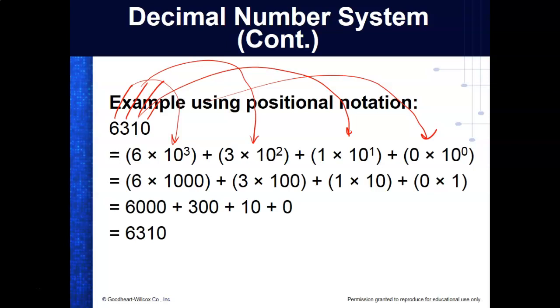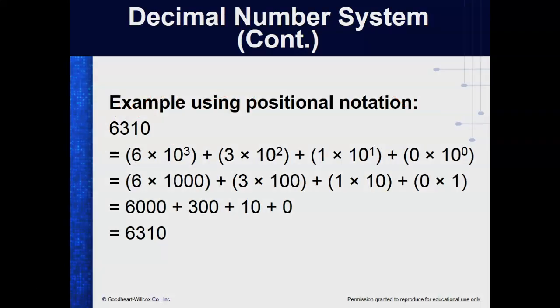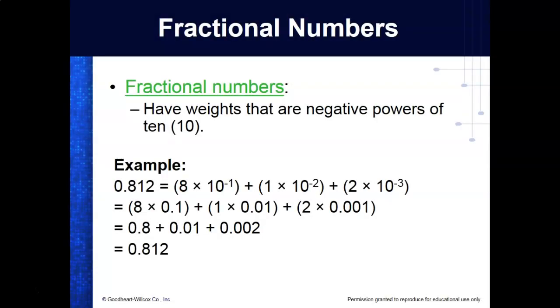So 6 can be anywhere. The symbol that we use to represent a 6 could be anywhere in the number, but the actual value it holds depends on its position within the number. So the fractional portion, we start off with 10 to the -1, 10 to the -2, 10 to the -3, and supposedly the minus numbers could go into infinity.